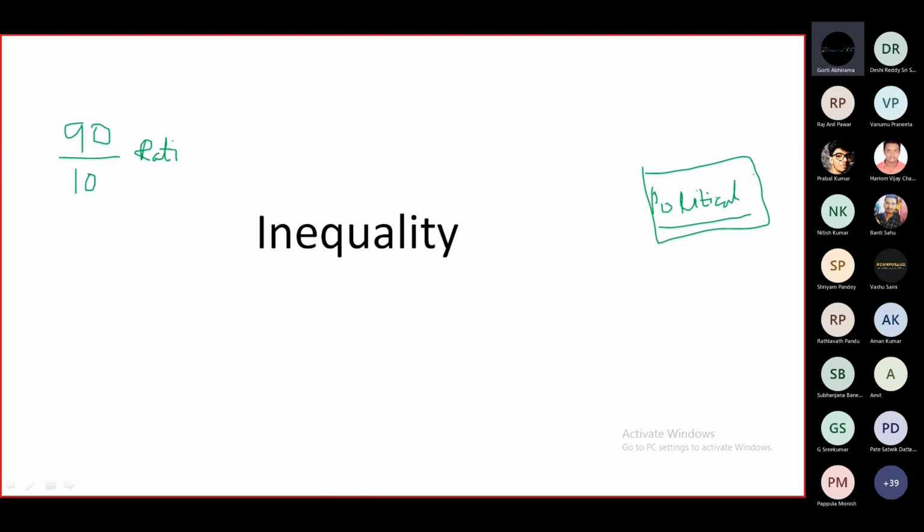This 90/10 ratio is a very crude measure of inequality, but it represents, for any society, how unequal it is. So what is this 90/10 ratio?